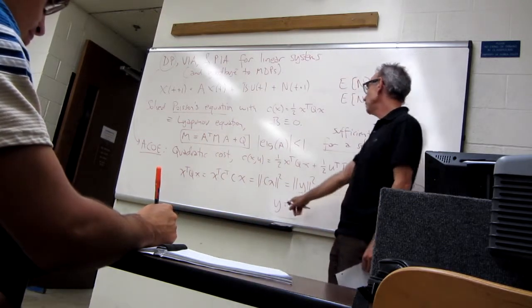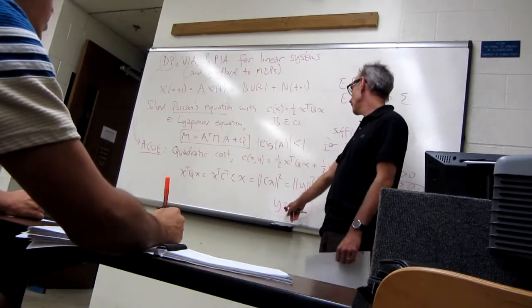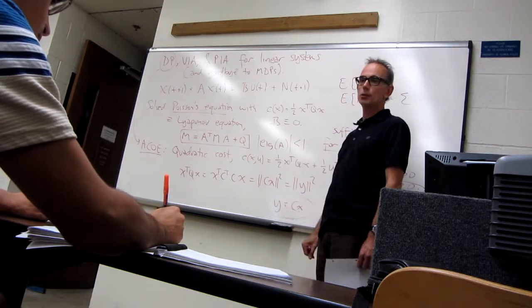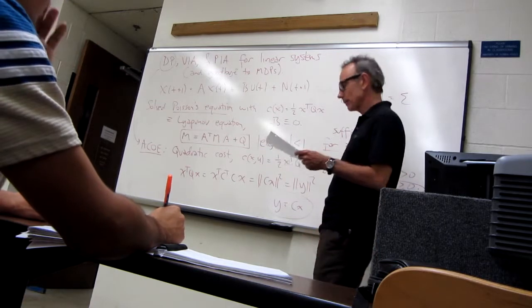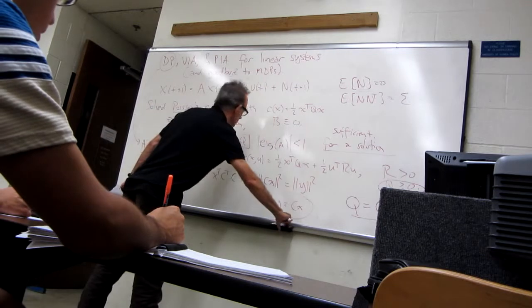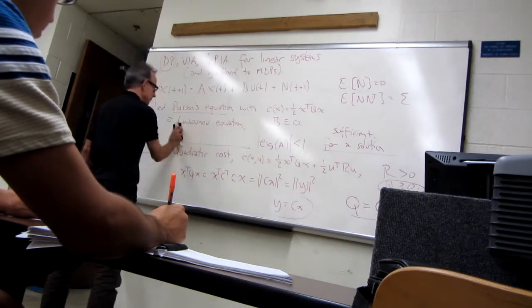We can put in a phony output and say that the cost on the state is just really the cost on y squared. So that's going to be useful. But the main thing is, what about the average cost optimality equation? We all know it's ugly.